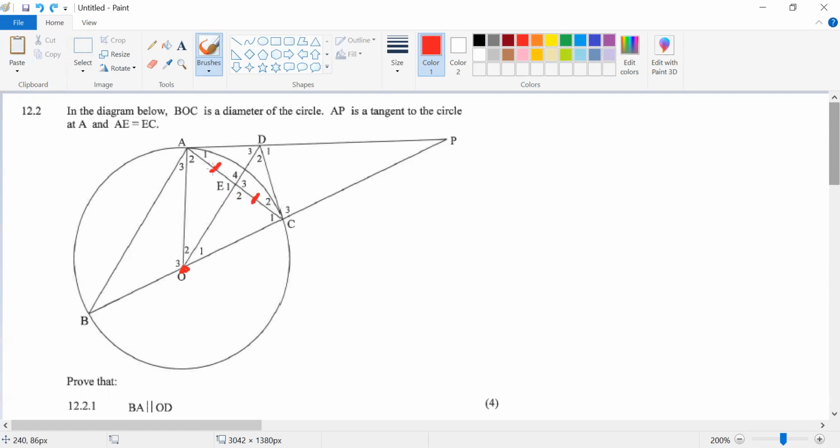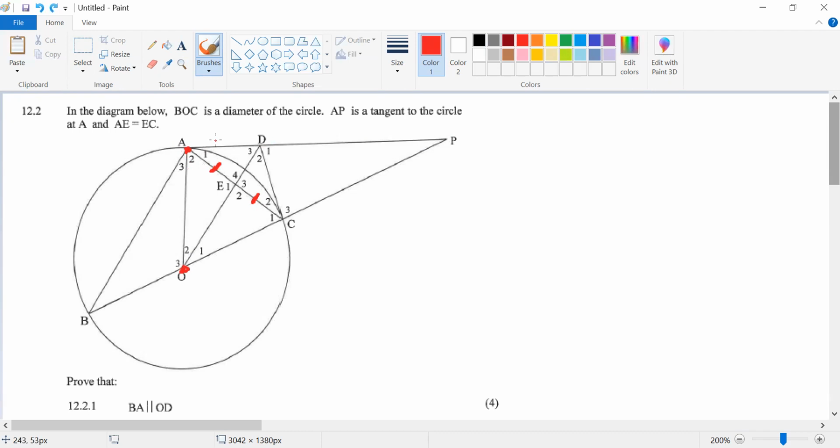Next up, they've told me that I have a tangent going from A to P, meeting my circle at A. And I know that line OA is actually a radius. So when I have a tangent meeting a radius, I have a 90-degree angle being created. So that's another bit of information that I know offhand.